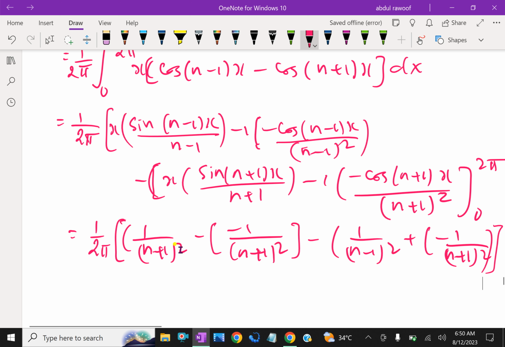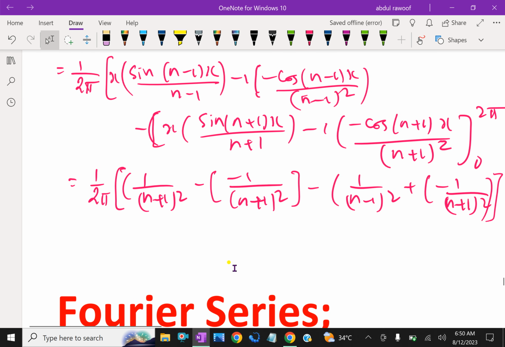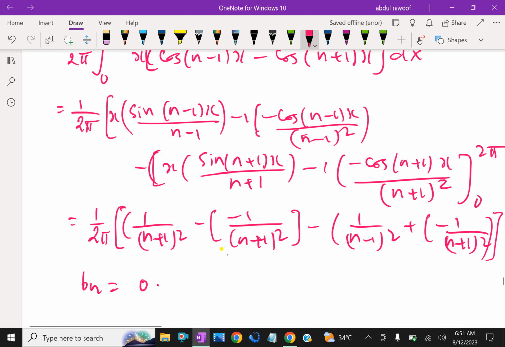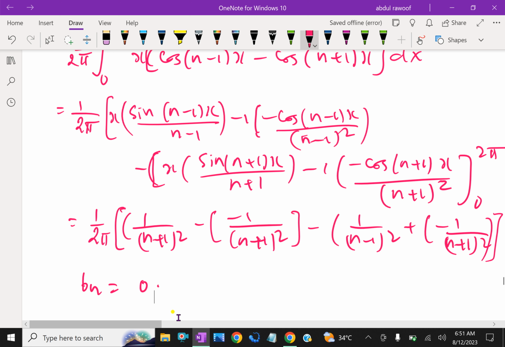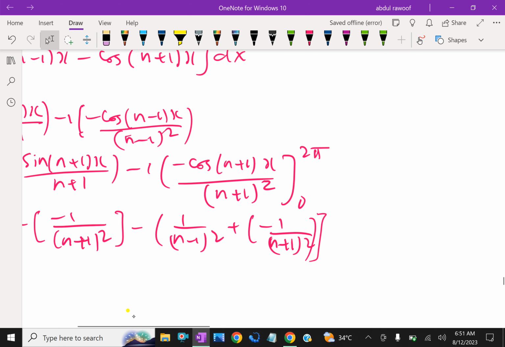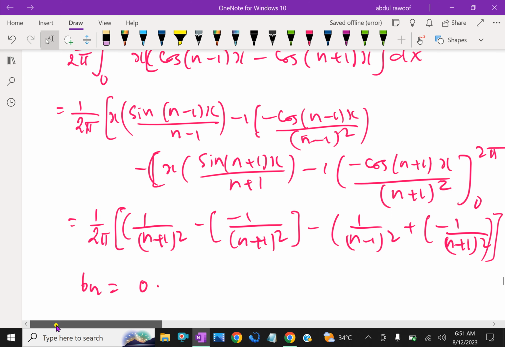Then simplifying further, we get bn equal to 0. After simplifying, we get bn equal to 0 provided n is not equal to 1.